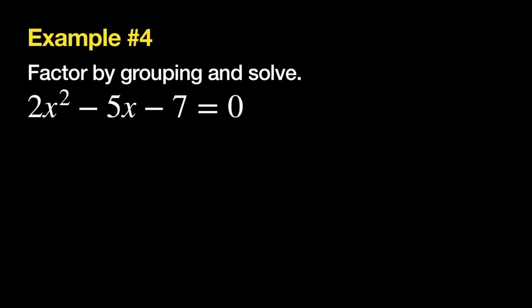So similar to the traditional factoring, we're going to put negative 14 on top, and we're going to put negative 5 at the bottom. So the two numbers that when we multiply them give us negative 14, and when we add them give us negative 5, are going to be negative 7 and 2.